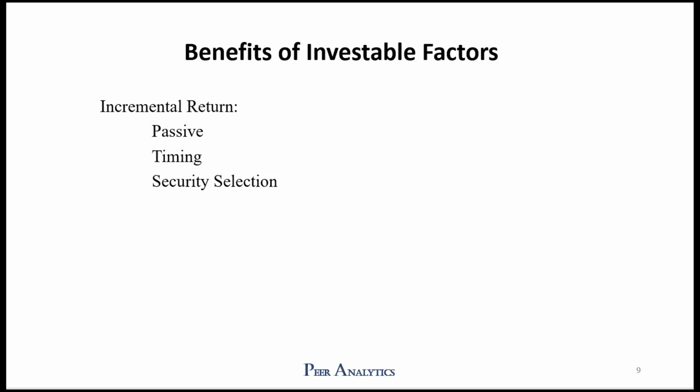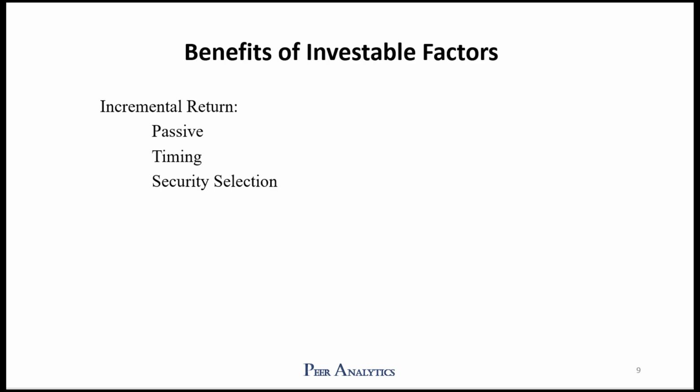So, to summarize, when factors are available passively, we can accurately distinguish active from passive performance. For the first time, we have an attribution that is both meaningful and actionable. We can separate past performance and also future tracking error into a passive component due to consistent beta differences from a benchmark, a timing component due to changes in betas from their long-term average, and security selection, risk and return unique to the security selected, net of market impacts.